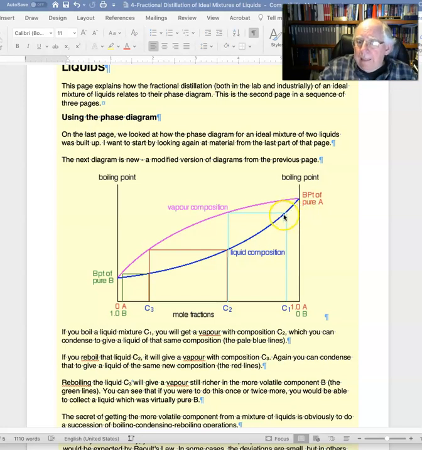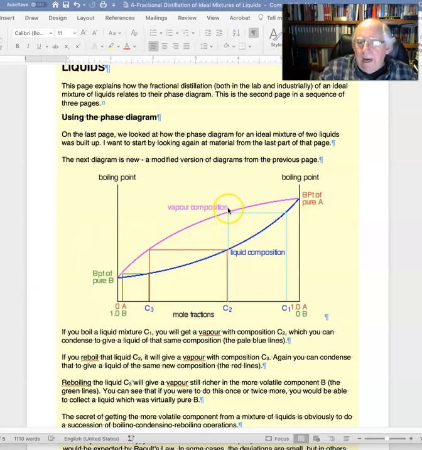But then as that boiling occurs, the vapor just above the surface of the boiling liquid, at that particular temperature, consists of a larger amount of B, but a lesser amount of A, again because B was the more volatile component.